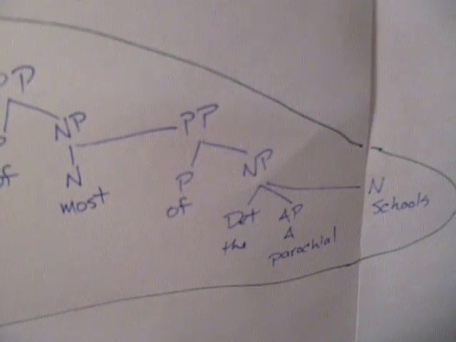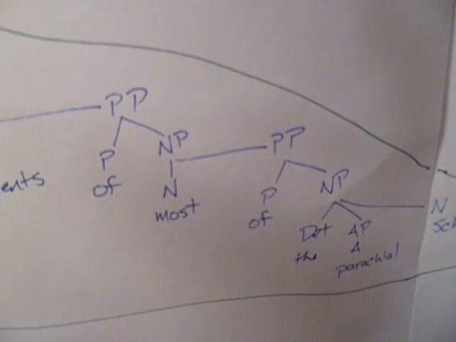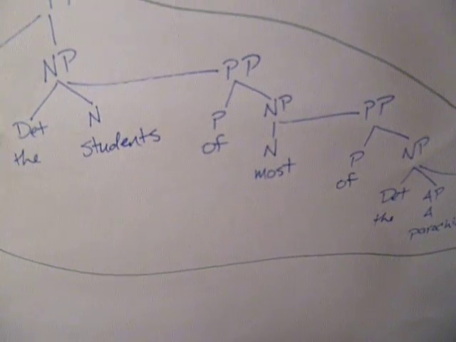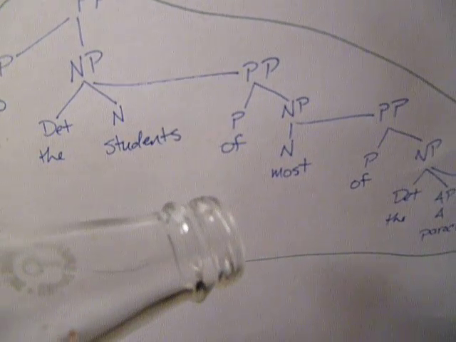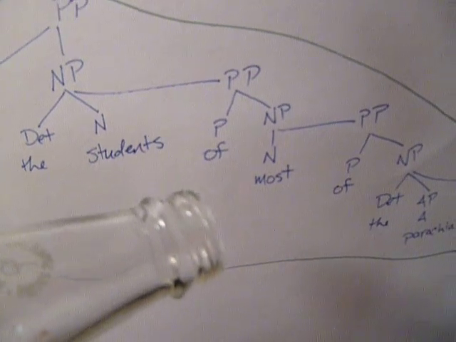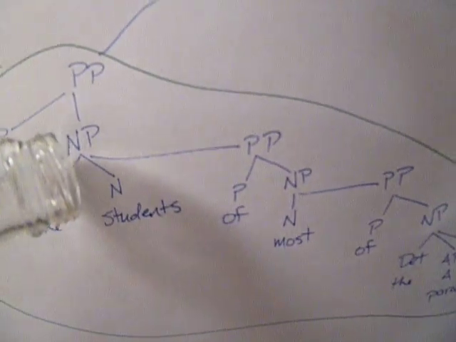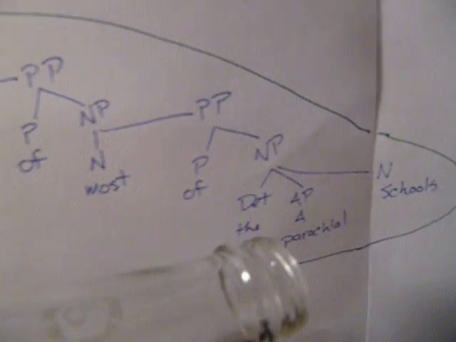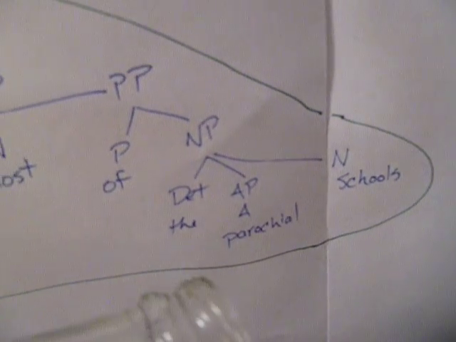This is called recursion because in most languages, if not all, one of the important rules of syntax, which makes it an infinite property of language, is you can keep building things down. So here we have prepositional phrase, noun phrase, prepositional phrase, noun phrase, prepositional phrase, noun phrase, and then we stop here. We could have kept going, and I'll show you how in a sec.